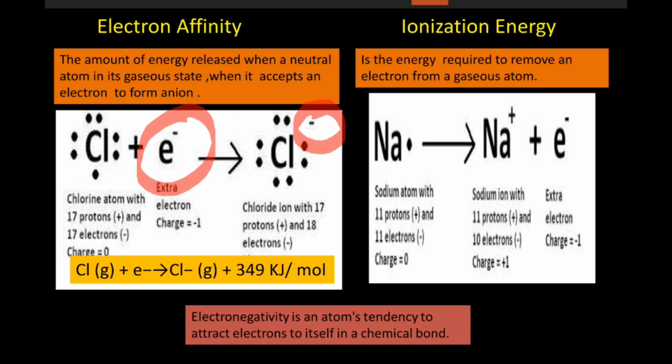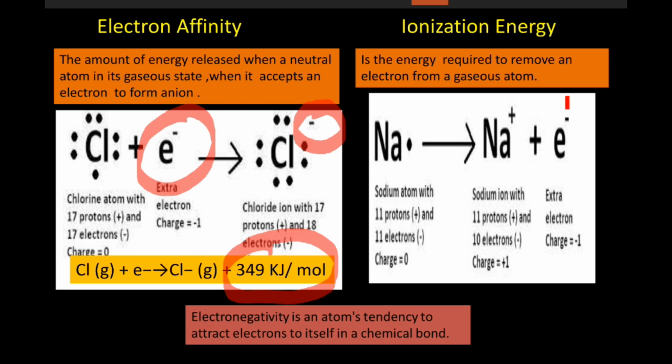The amount of energy released when an extra electron is added to a neutral atom is called electron affinity. In this case, the amount of energy released is 349 kilojoules per mole. This amount of energy released during the reaction, we call electron affinity.